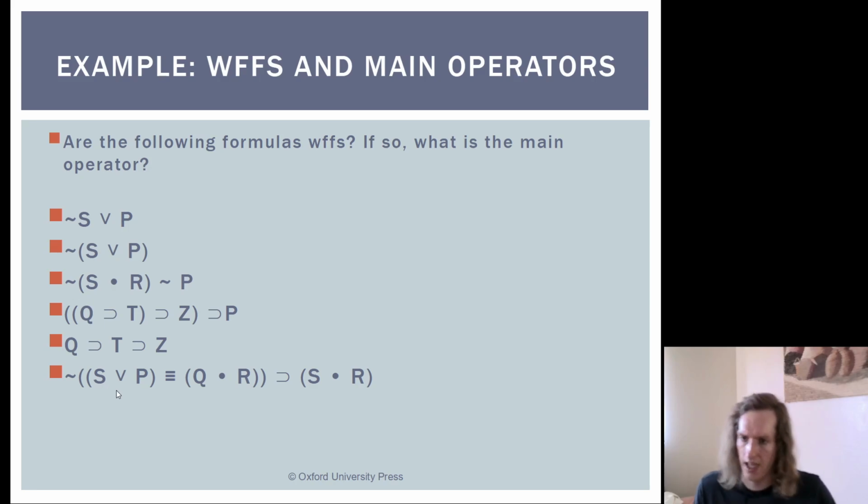However, this negation is applying to this biconditional. So conventionally, we don't use parentheses in quite the same way with negations as we do with everything else. So this negation is just applying to the antecedent.